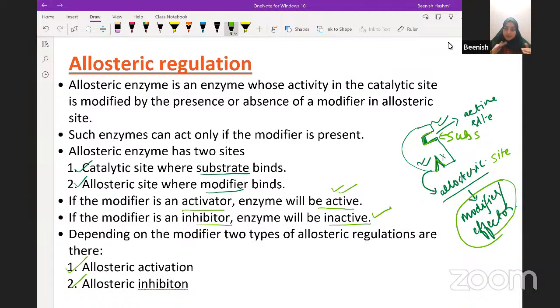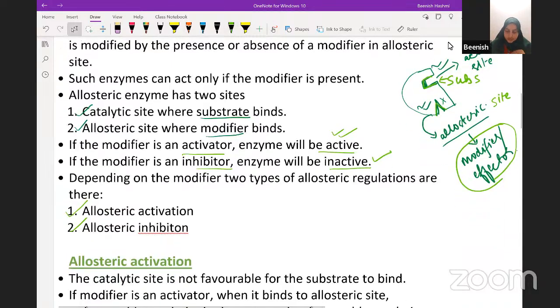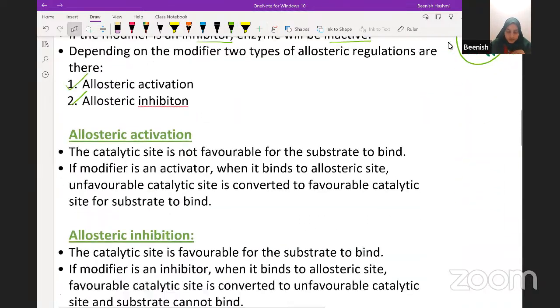Now, based on the modifier which is going to bind, there are two types of regulation, allosteric activation and allosteric inhibition, okay? These are terms that you are very familiar with and hear very often while studying regulation of different pathways.